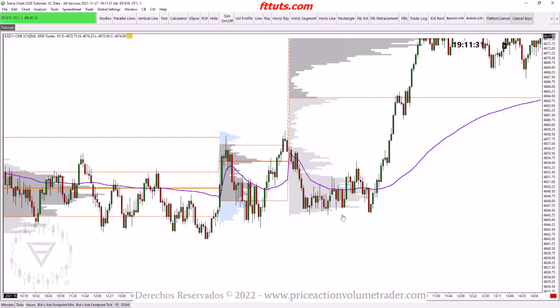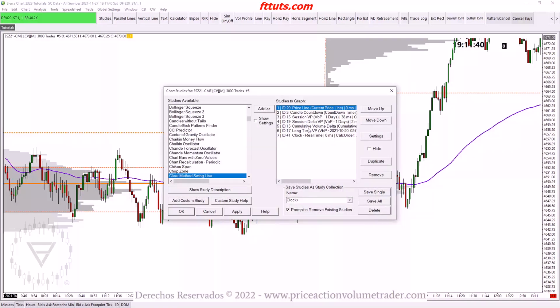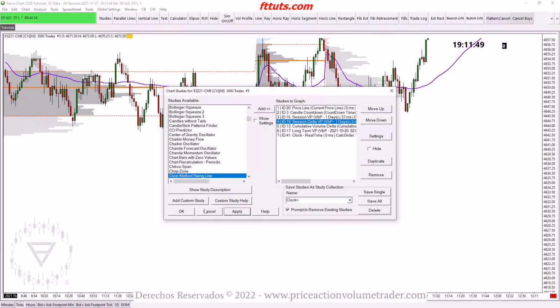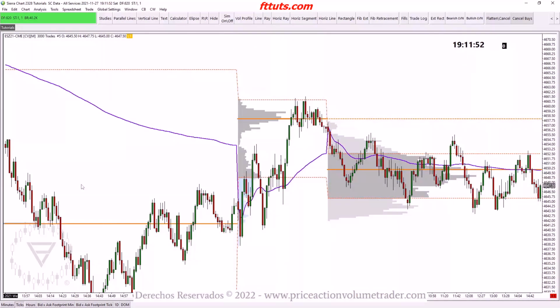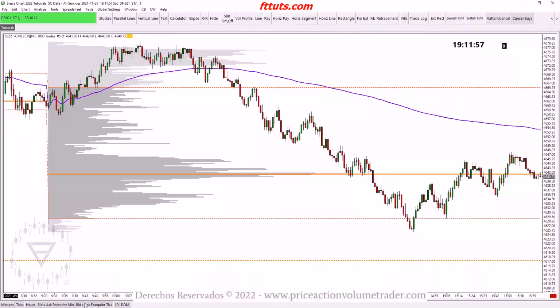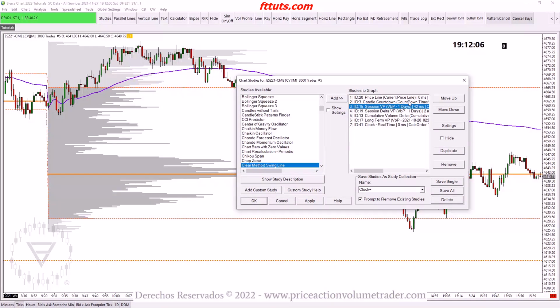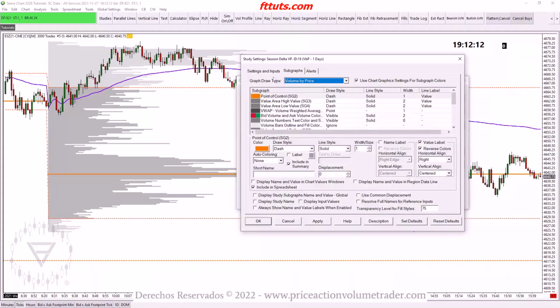If we look at the footprint on this, or actually let's put the cumulative session profile delta. Session delta.